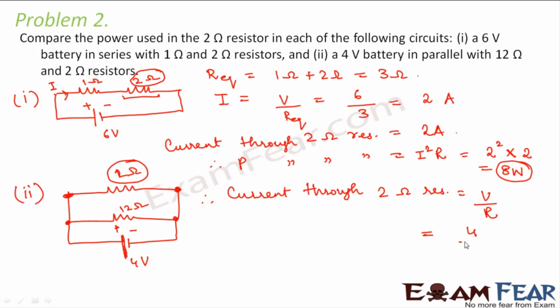So V is equal to 4 volts divided by R is 2 ohms, which is equal to 2 amperes. So here also 2 amperes of current flows through this 2 ohm resistor. Therefore, the power through the 2 ohm resistor will be equal to I square into R, which is equal to 2 square into 2, that is equal to 8 watts. So in this case also, the amount of power used in the 2 ohm resistor is 8 watts.